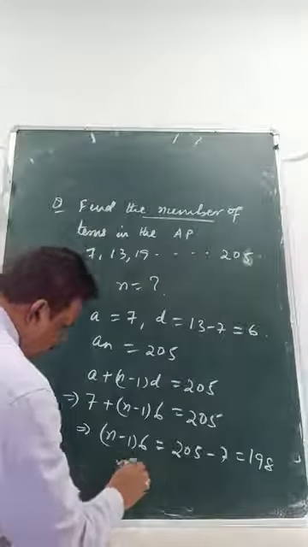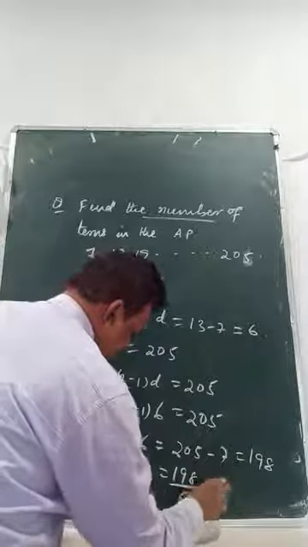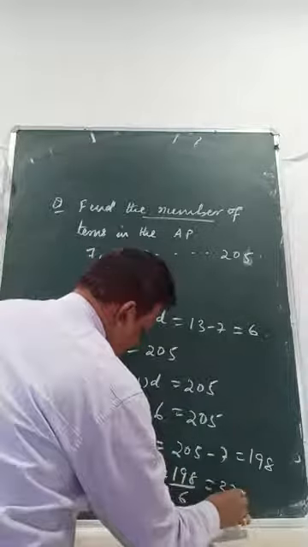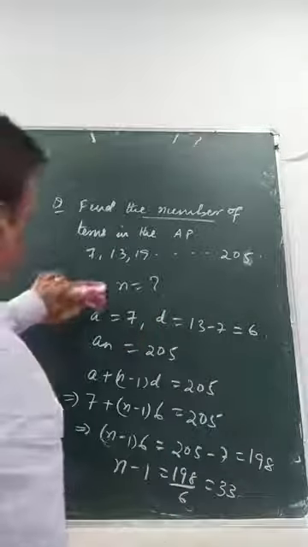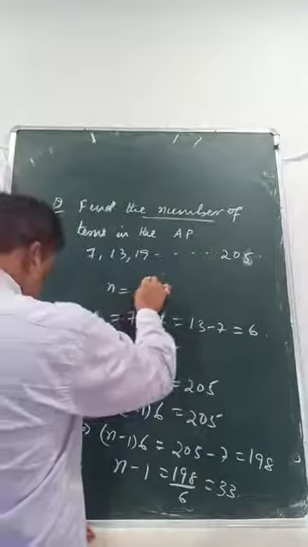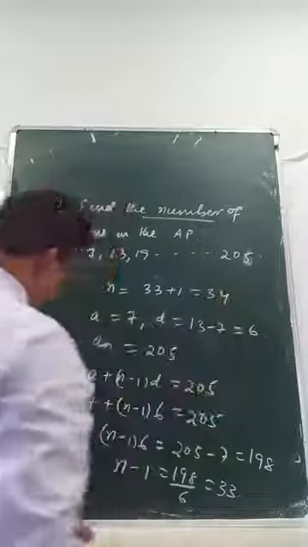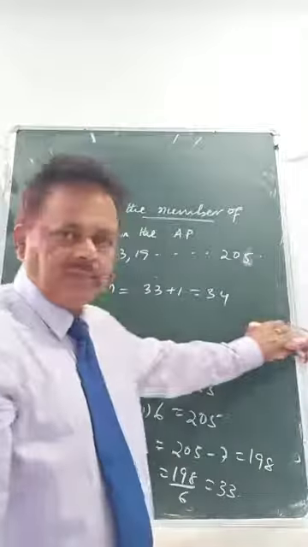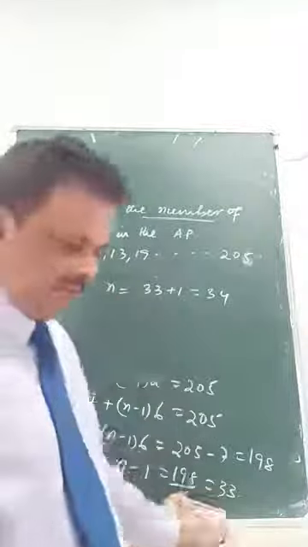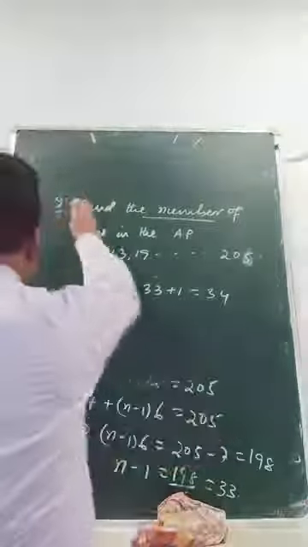Then n minus 1 equals 198 by 6. 6 threes are 18, so 33. So n equals 33 plus 1, that is 34. You will get simple questions like this. You should do it correctly. So one question is homework for you.